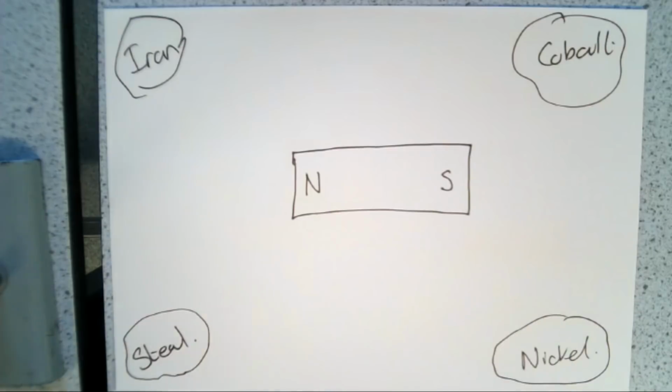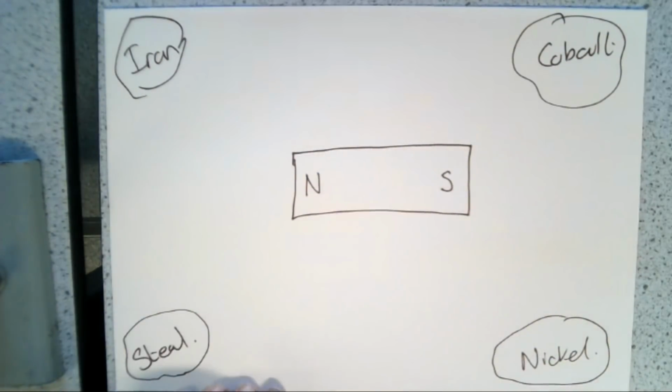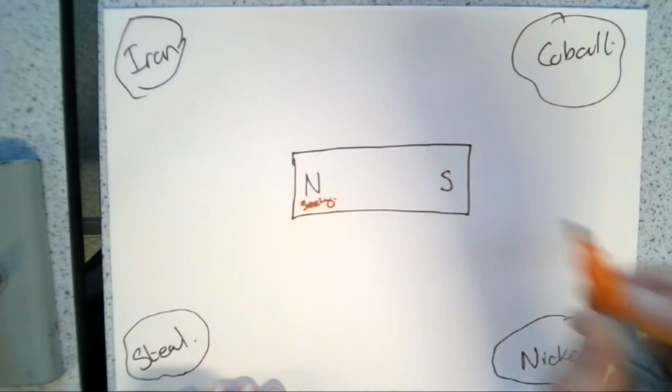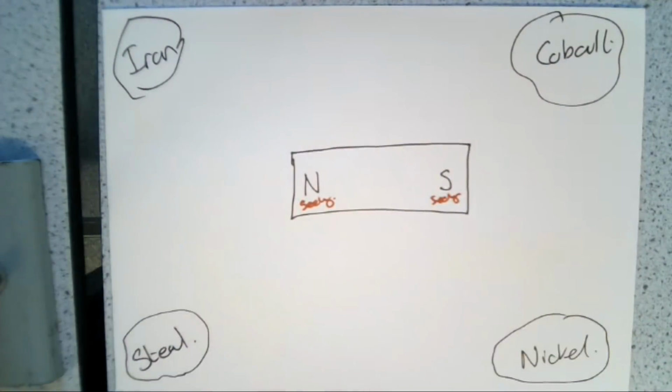We need to know what that invisible force actually looks like, and that's what we call our magnetic field. Just remember, a north pole is actually called a north-seeking pole, and a south-seeking pole. That's because if we hung this on a piece of string, it would turn round until it lines up with the magnetic north pole and the magnetic south pole.